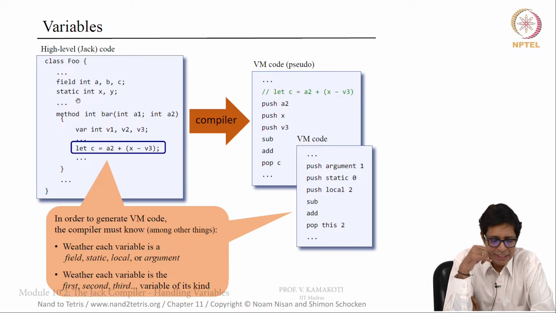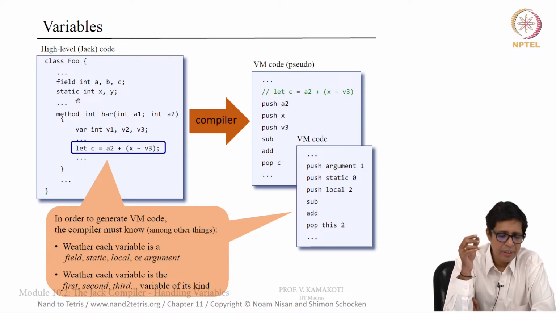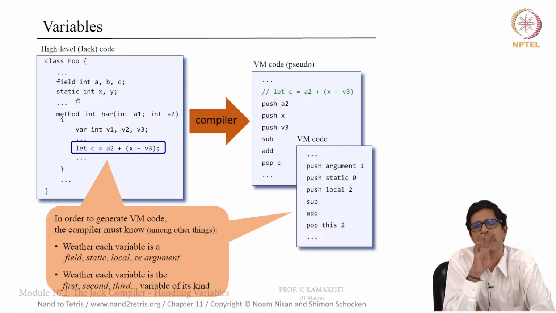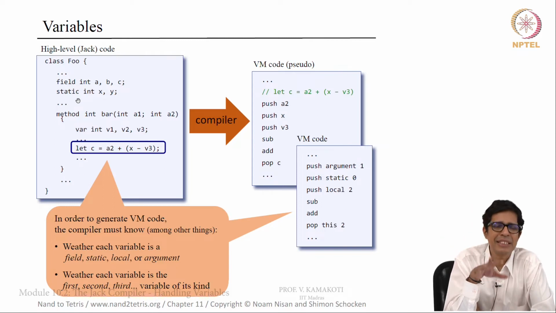So, when foo as a class is created, there will be 3 locations allocated for the field variables of foo, namely a, b and c. And in the static memory, if you look at the memory map, locations 16 to 255 are allocated for static variables.